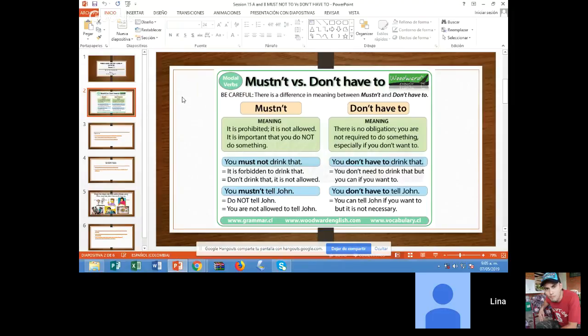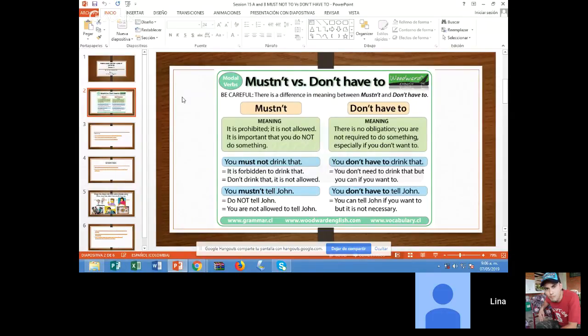So be careful. There is a difference in the meaning between mustn't and don't have to. So mustn't means it is prohibited. It is not allowed. It is important that you do not do something.